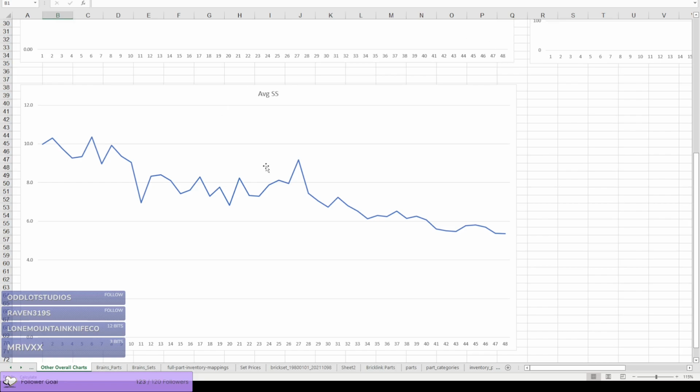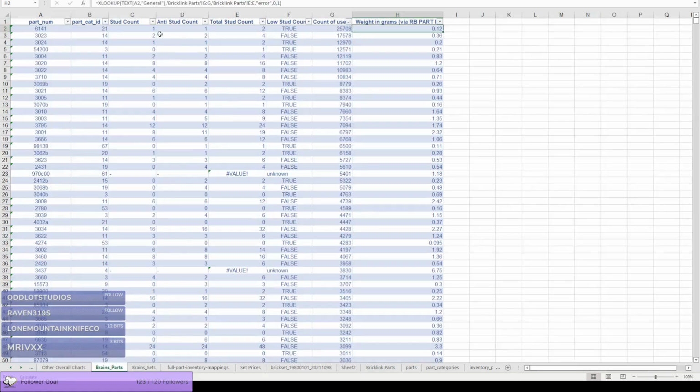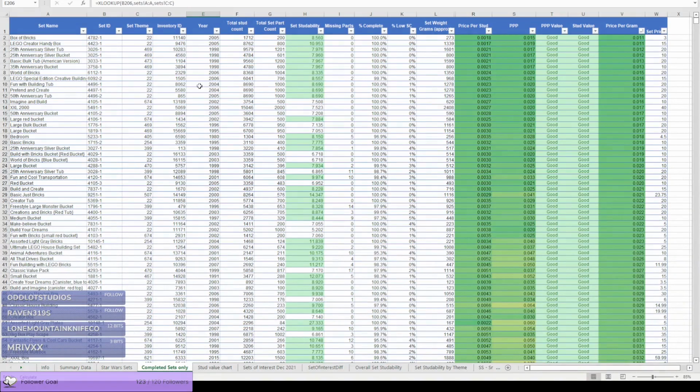So that's the big trend. That's what I studied, and I did that by literally looking at pictures of all the parts and counting how many studs they have, how many anti-studs they have, and then summing those up as the total stud count. I also got the weight of each part, and what comes out of this is a list of completed sets.